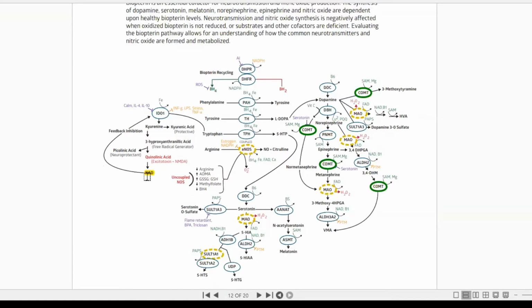A lot of times quinolinic acid is spoken about because it's very excitatory. We see this a lot in anxiety, autism, ADHD, and other neurological situations, where we often see an elevation in quinolinic acid. And we're like, oh, we need to stop things going that way because quinolinic acid is high.